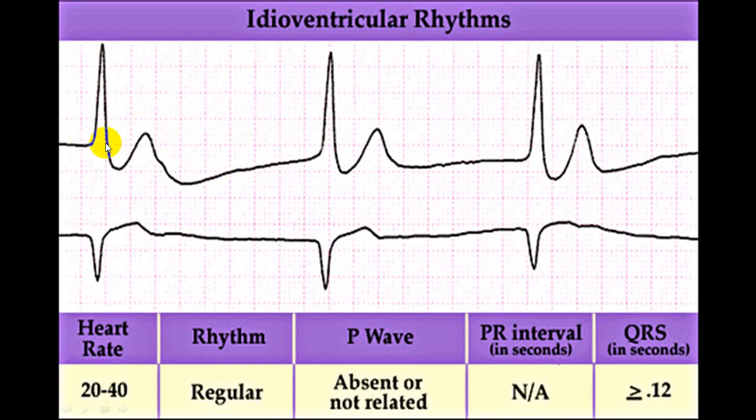And this is a broad QRS complex. There is no P wave in front. So this is called idioventricular rhythm. And idioventricular rhythm is usually between 20 to 40. Hence, this rate is normal for this ECG strip. We cannot call this a bradycardia even if the rate is 35. This is normal ventricular rhythm rate. Hence, this is called normal idioventricular rhythm.